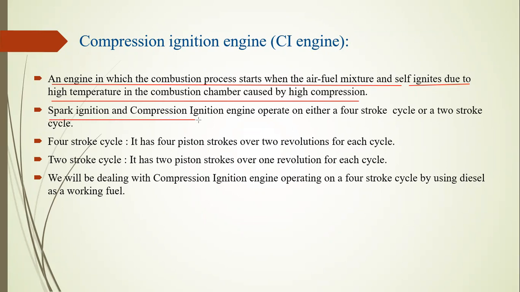Spark ignition and compression ignition engines operate on either a four-stroke cycle or a two-stroke cycle. Both SI engines and CI engines are available in four-stroke and two-stroke cycles as per requirement. A four-stroke cycle has four piston strokes over two revolutions per cycle, and a two-stroke cycle has two piston strokes over one revolution per cycle.